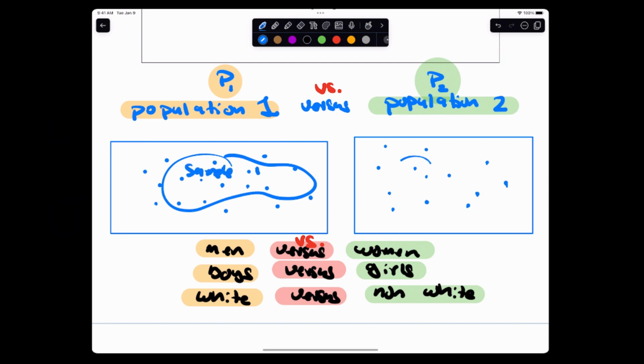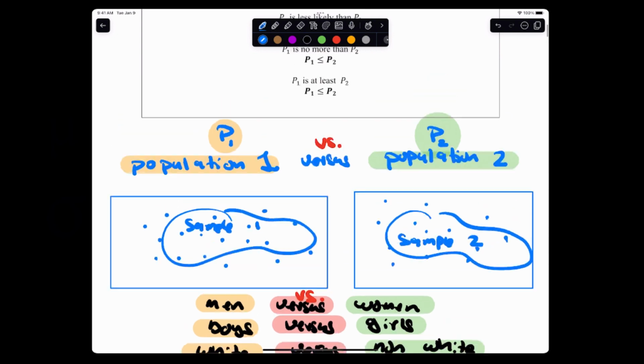Sample 1, sample 2. Of course, you got to take samples if you're going to do this. So we're going to do a hypothesis testing comparing two independent proportions now, not one.